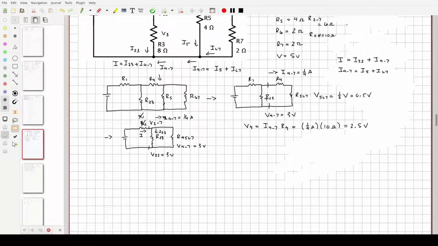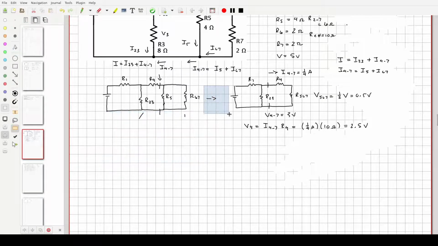We're going to keep working back. So going from here to here, R567 is this right here. It's this thing right here. What I'm going to do is to sort of drop this right here so I can work below it. And I'm going to get rid of that right there as well.